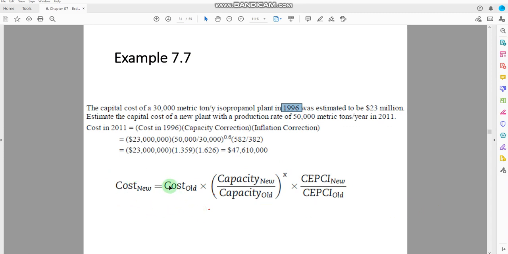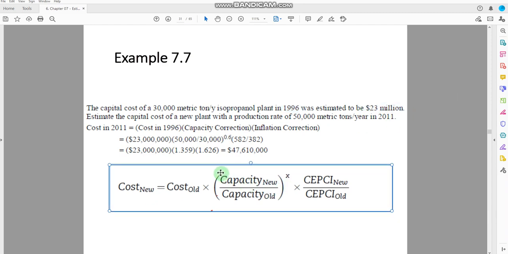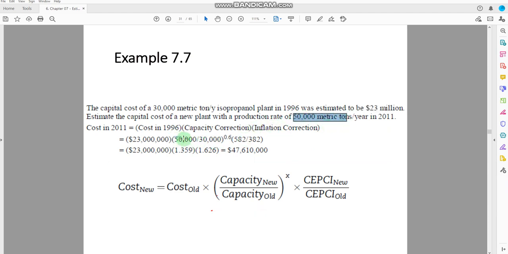The old cost we are provided here, that is 23 million. And the new capacity that we have to choose here is 50,000 metric tons per year, divided by the old capacity, 30,000 metric tons per year.